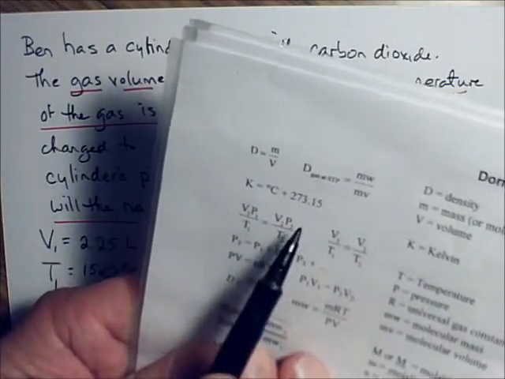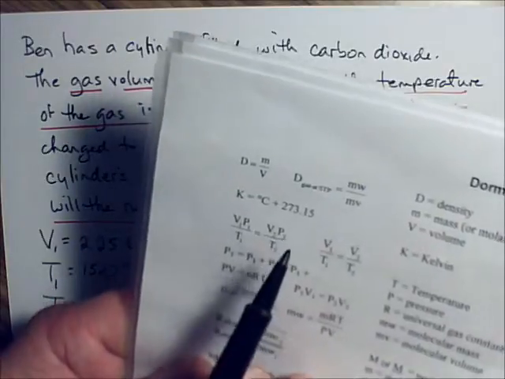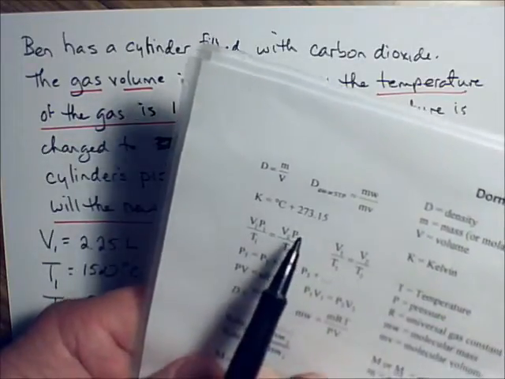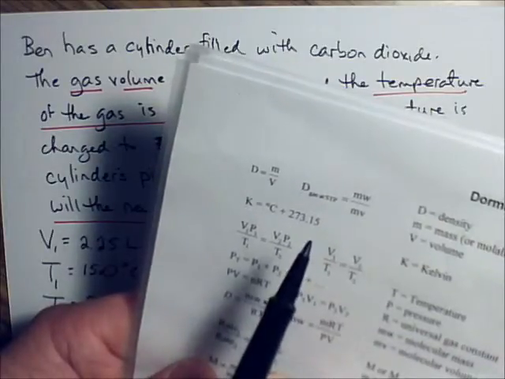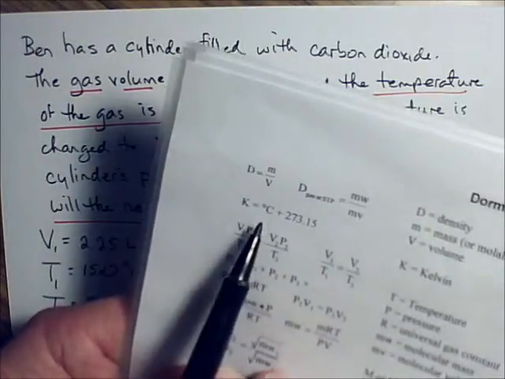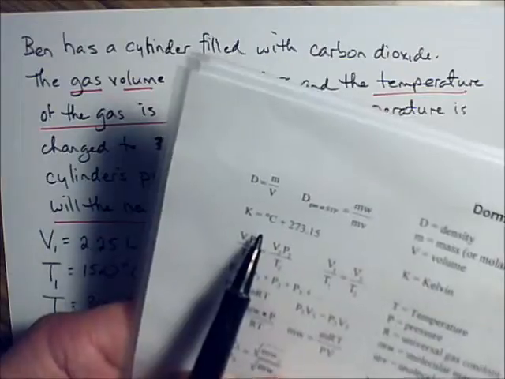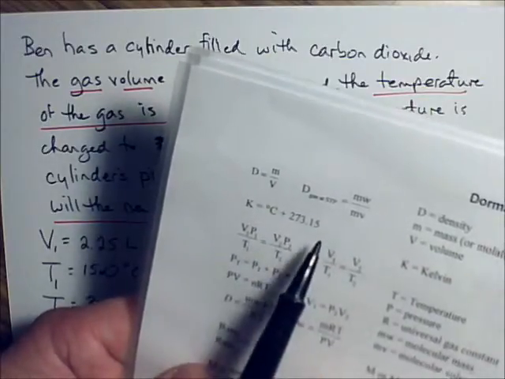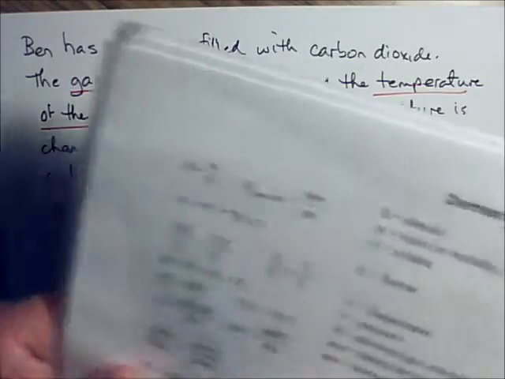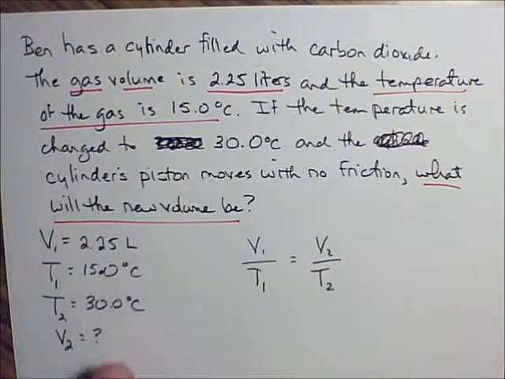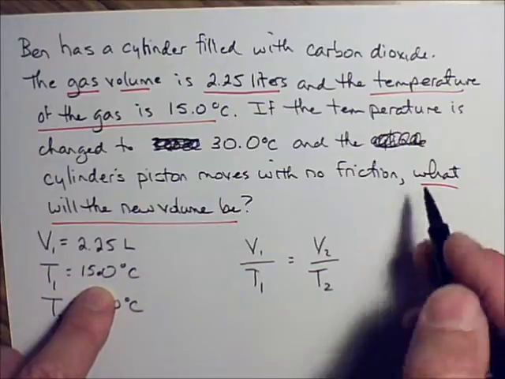You really should know this, but just in case you're not quite sure, there it is. There's always going to be a conversion that uses 273.15. So if we have a temperature in degrees C, and we add 273.15 to that, we'll get a temperature in Kelvin.